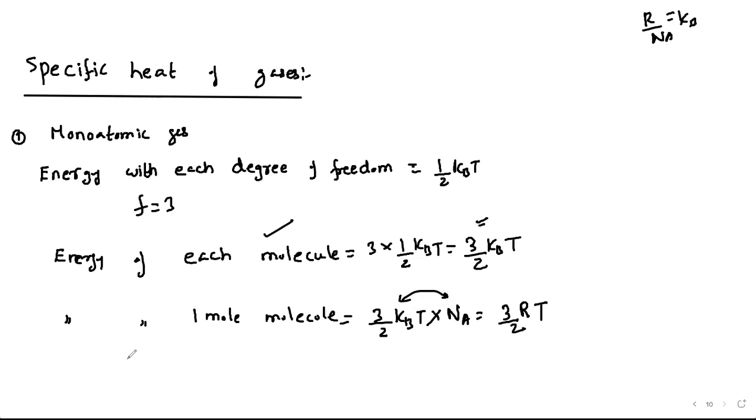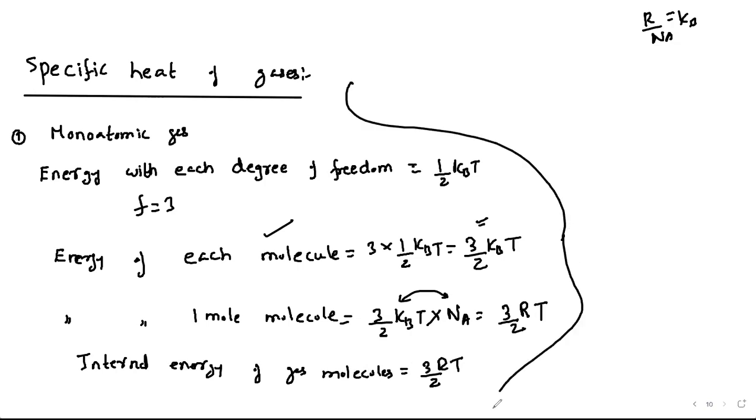This is 3 by 2 RT. And this is what we call the internal energy of gas. So the internal energy of gas molecules is 3 by 2 R multiplied by T. This is U.